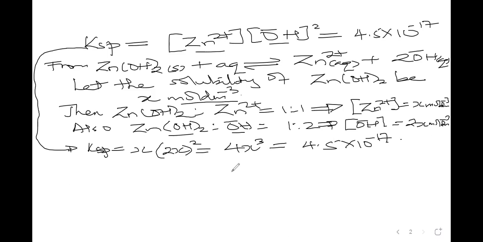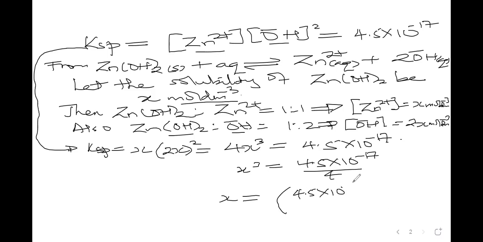Are we together? Yes, teacher. So x cubed here is equal to 4.5 times 10 power negative 17 divided by 4, meaning that x is equal to the cube root of 4.5 times 10 power negative 17 over 4, the whole of this to the power third.